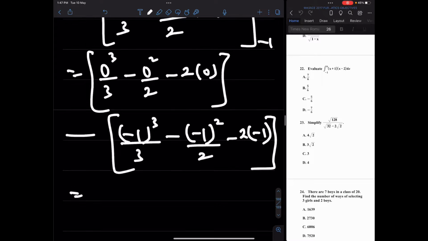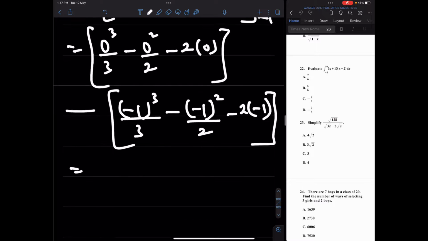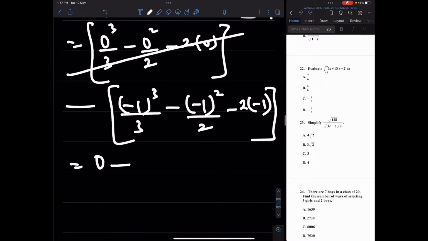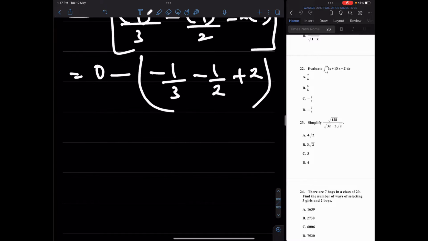That simply means this will be 0, and the whole of this is even 0. So that's 0 minus, open bracket, minus 1 over 3, minus 1 squared is 1 times minus 1, that's minus 1 over 2, and then plus 2. Let me just open the brackets once and for all.